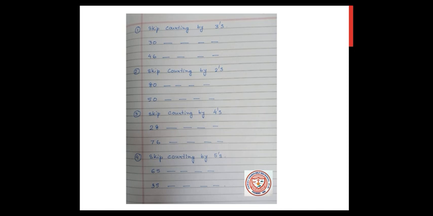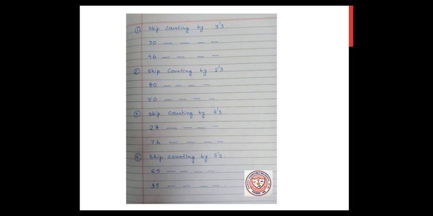Skip counting helps with addition, subtraction, multiplication and division. It is nothing more than just counting by skipping numbers. Skip counting is just hopping, skipping and jumping over numbers. It helps us to count faster.